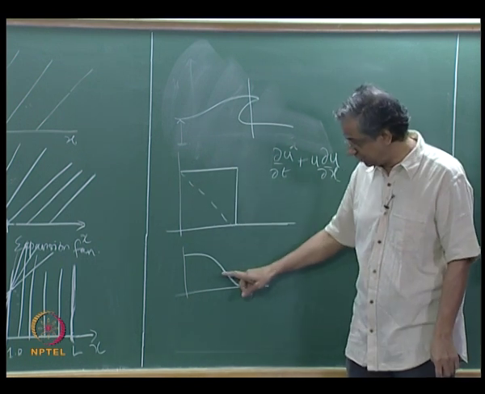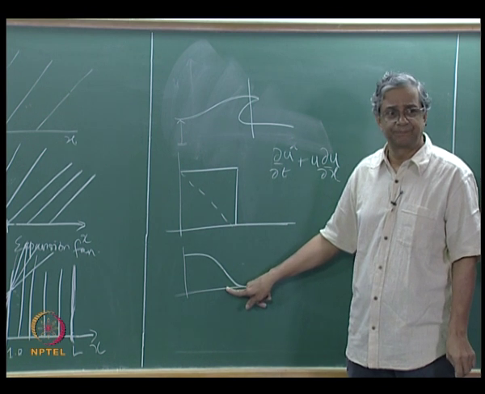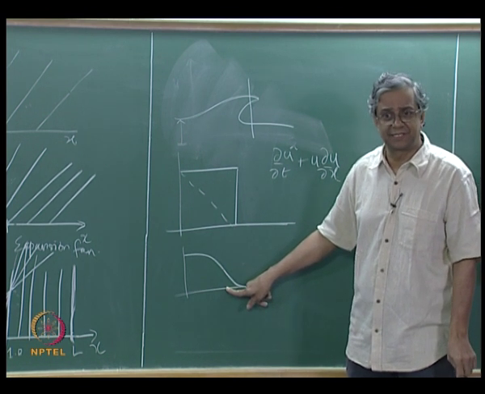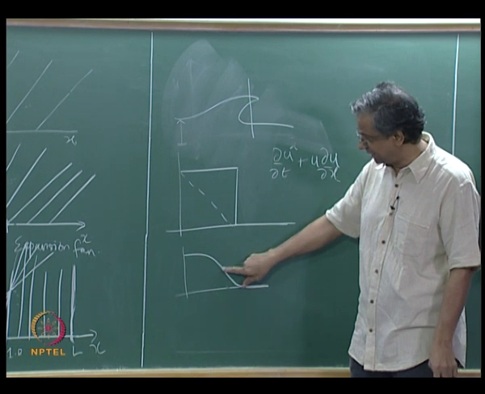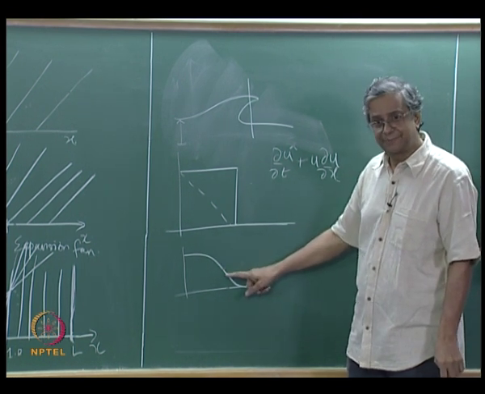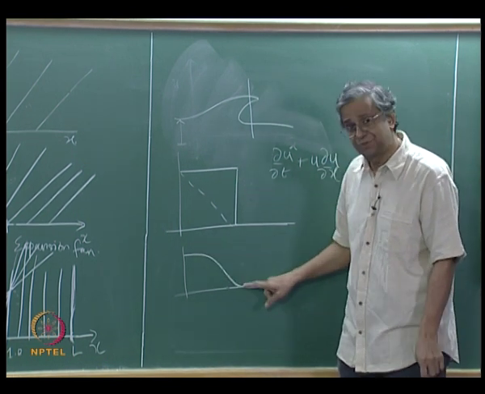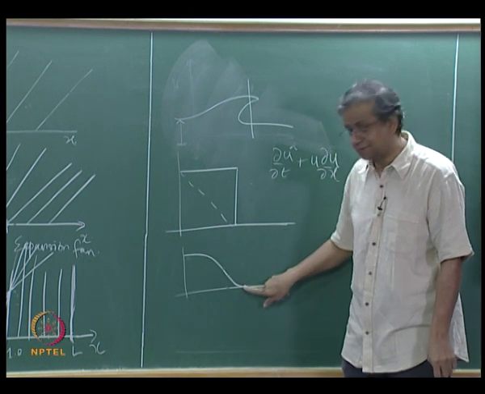What is happening to the high wave numbers when you go from here to here? They are decaying, their amplitudes are decaying. That means that if you are going from something like this to this, imagine you draw the characteristics for this, you expect that this is going to become a shock like this. Why? Because if this is a propagation speed, this is traveling faster than that.